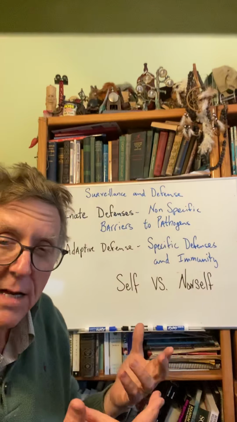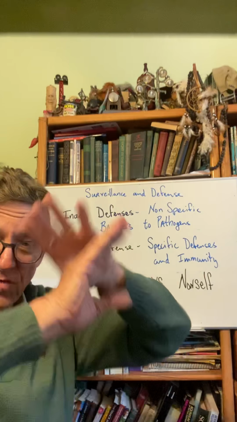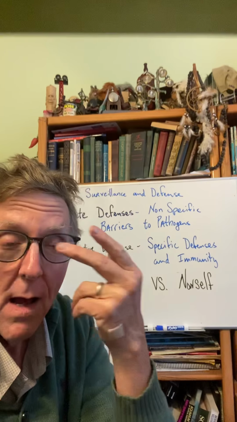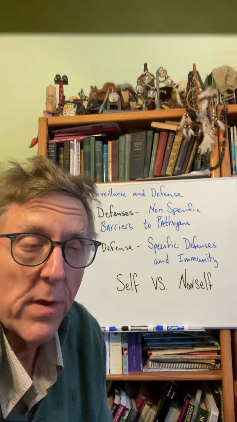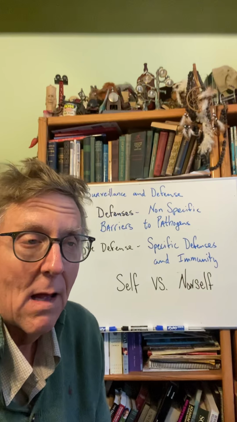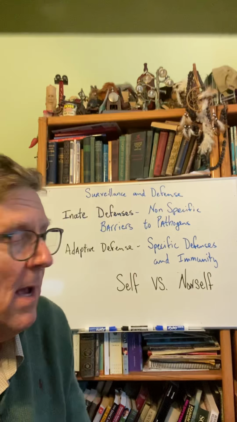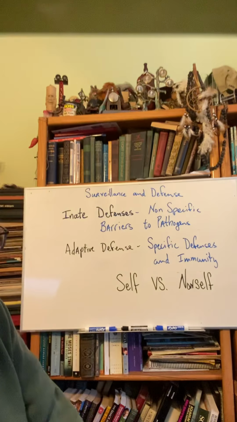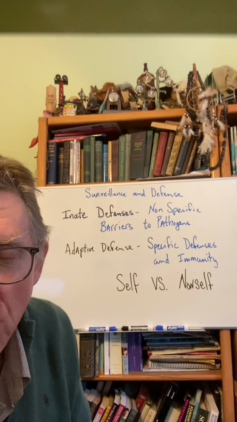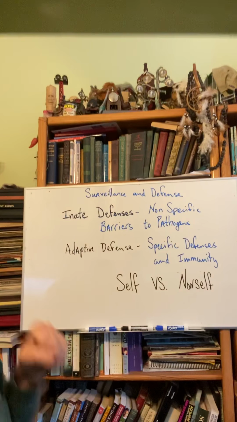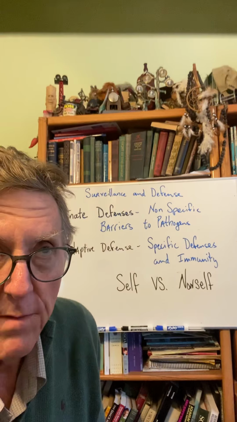So before we get into that, when we talk about this second function for the immune portion of the lymphatic system, we can talk about two different kinds of defenses. We can talk about innate defenses, and then we can talk about adaptive defenses.